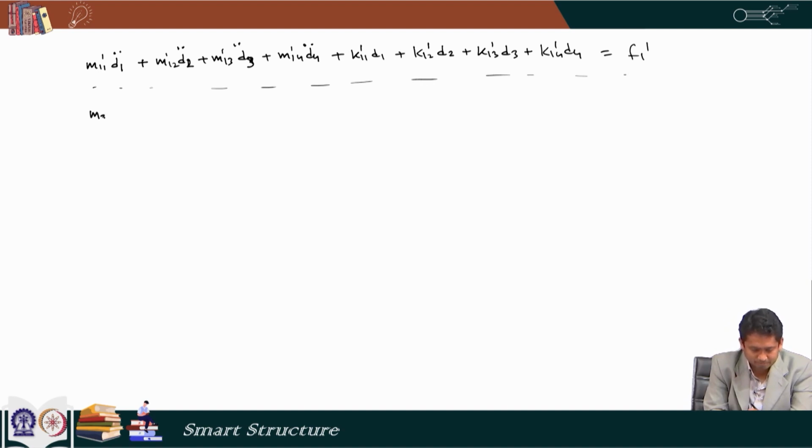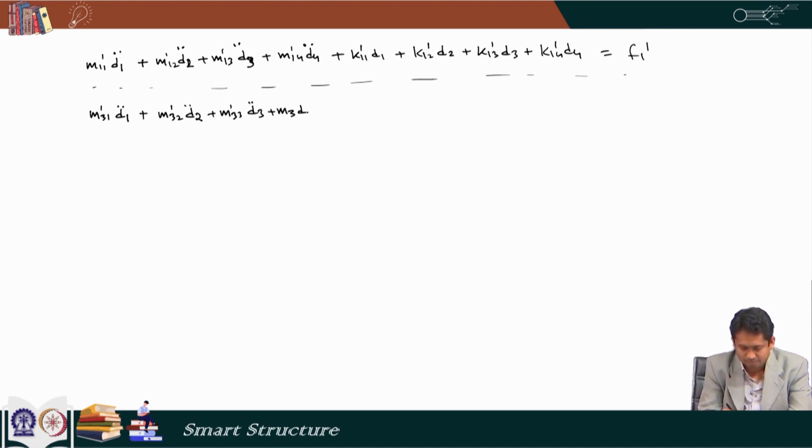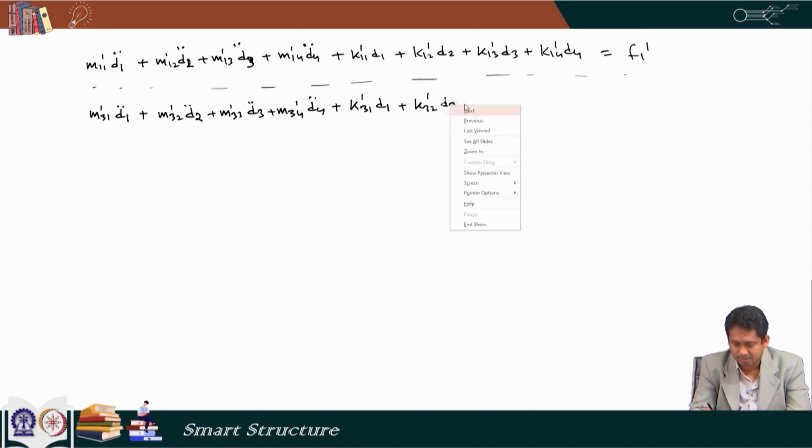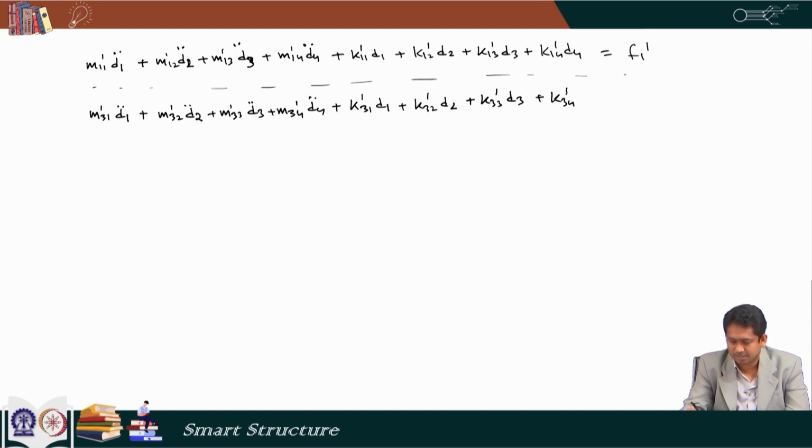Then the third equation is M31 multiplied by D1 double dot plus M32 multiplied by D2 double dot plus M33 of 1 multiplied by D3 double dot plus M34 of 1 multiplied by D4 double dot plus we have K31 D1 plus K32 of 1 D2 plus K33 of 1 D3 plus K34 of 1 D4 is equal to F3 of 1.